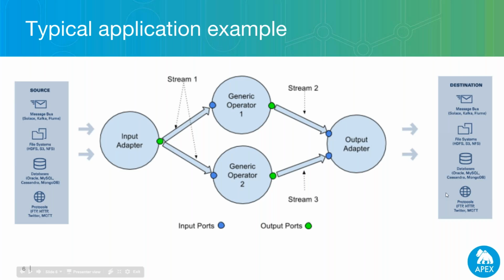The generic operator will get the tuples from the upstream operator, do the processing, and emit to the next operator. And the output adapter will process it and write to either the file system or send it to Kafka. Here, the blue circles represent the input ports and the green circles represent the output ports.